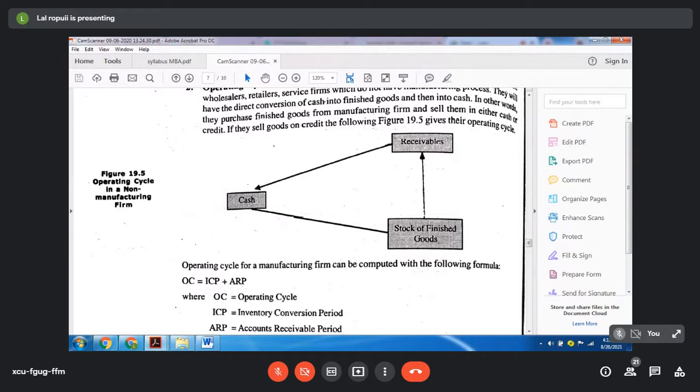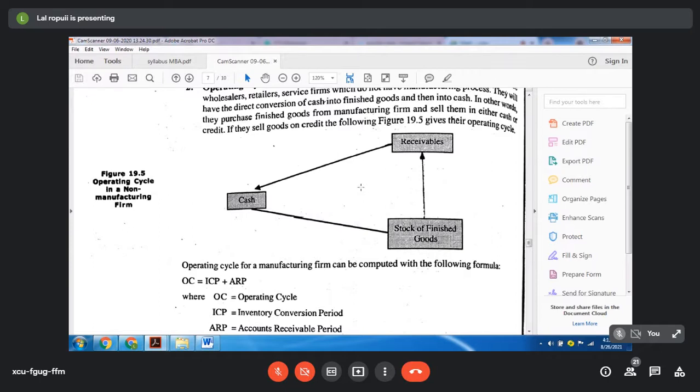If they sell on credit, they get debtors; if they sell for cash, they realize cash immediately. This is the operating cycle of a non-manufacturing firm.